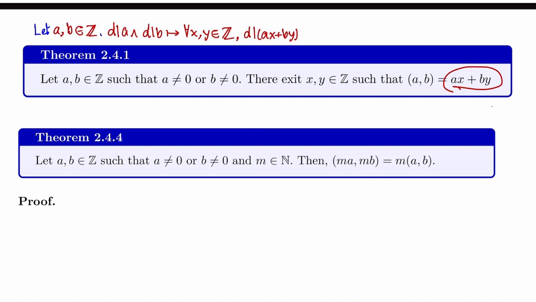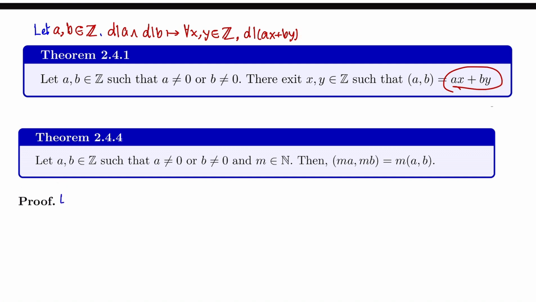This is the property of divisibility. And the previous theorem: if you have the greatest common divisor of a and b, you can find two integers x and y such that the greatest common divisor of a and b equals ax plus by. So we will use these two theorems to prove this. Now let's start to prove.